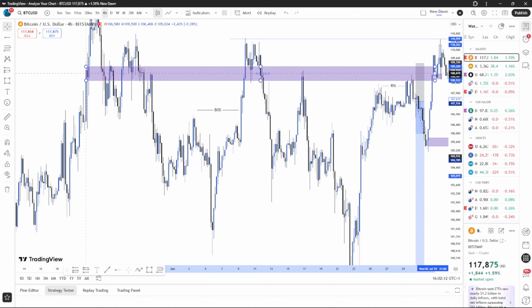You can see that price had broken, retested here, broken, retested, went up again and broke it down again, retested, came down, broke it, retested, went up, broke it again, came back to retest, went down, came back to create liquidity, and then price tapped it again and came down.